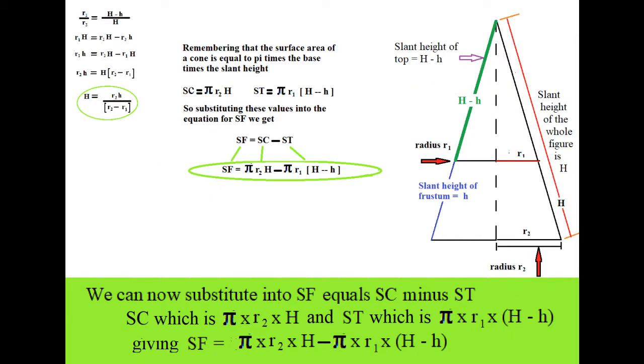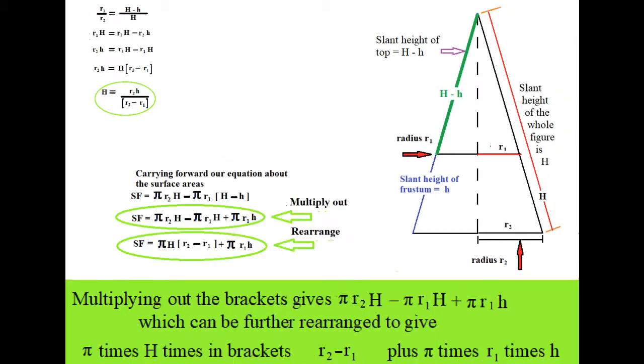We can now substitute into SF equals SC minus ST. SC is pi times R2 times big H, and ST is pi times R1 times (big H minus small h), giving SF equals pi times R2 times big H minus pi times R1 times (big H minus small h).